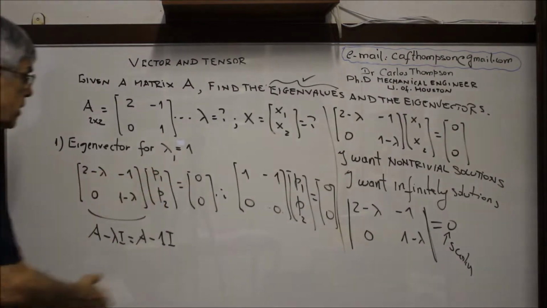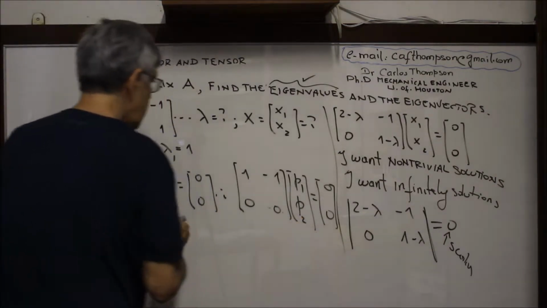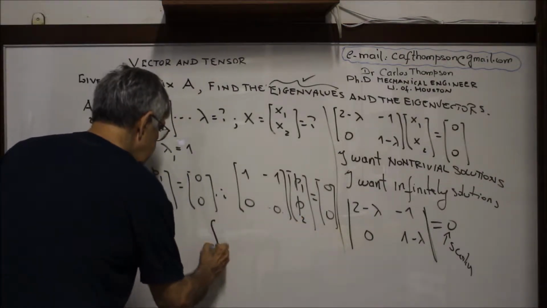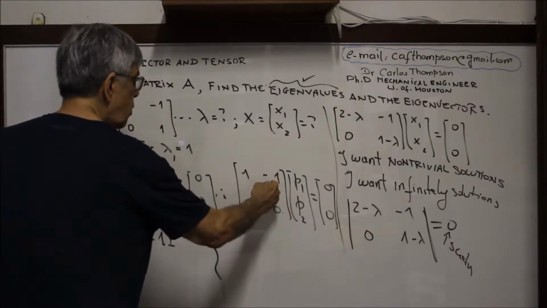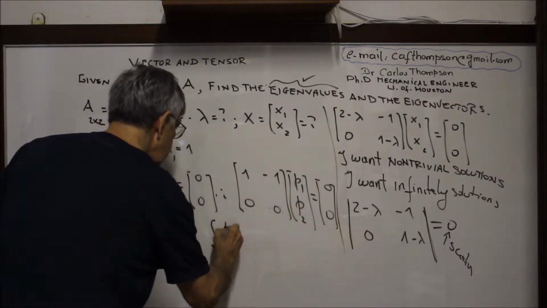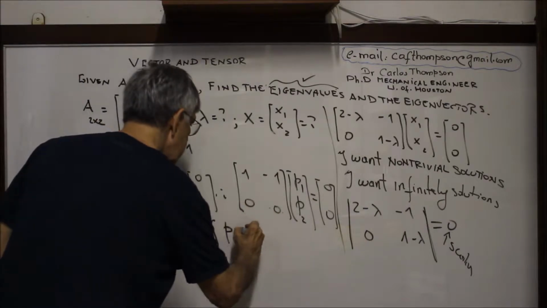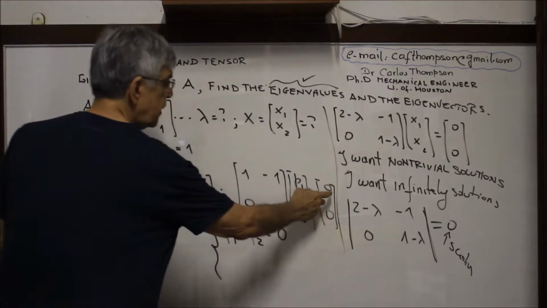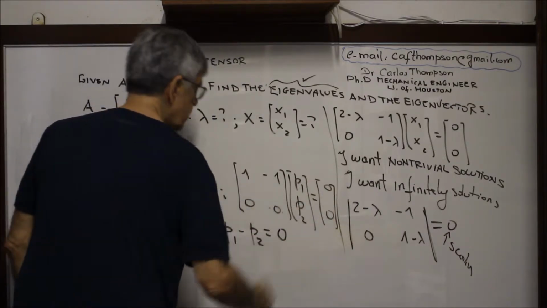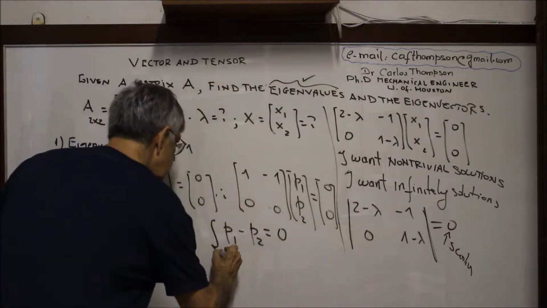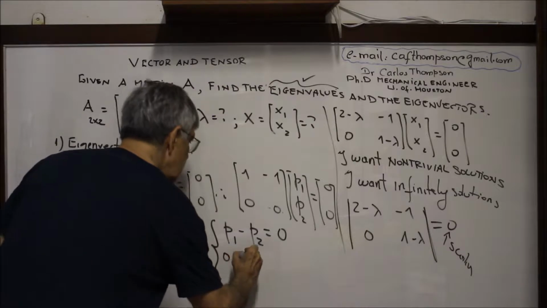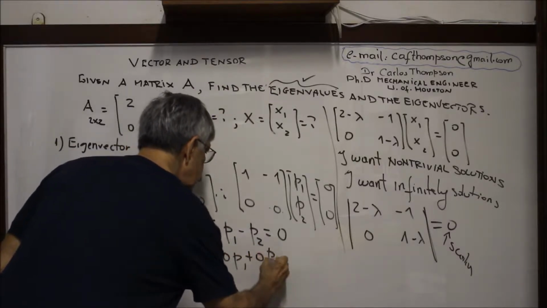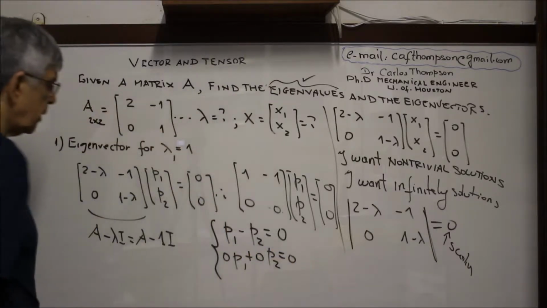Now let's develop this. First row, first column: P1 minus P2 is equal to 0. The second equation: 0 P1 plus 0 P2 is equal to 0.